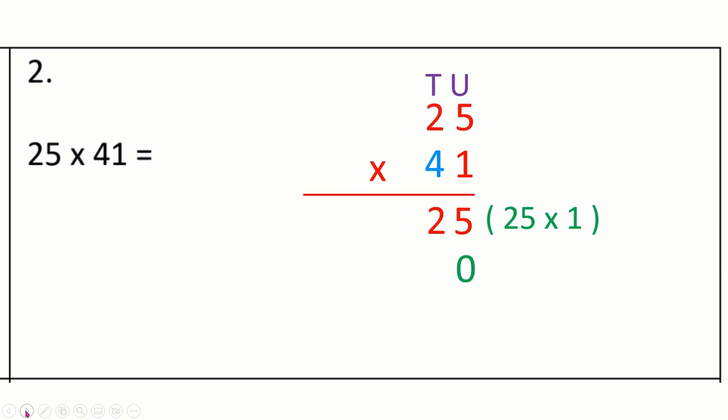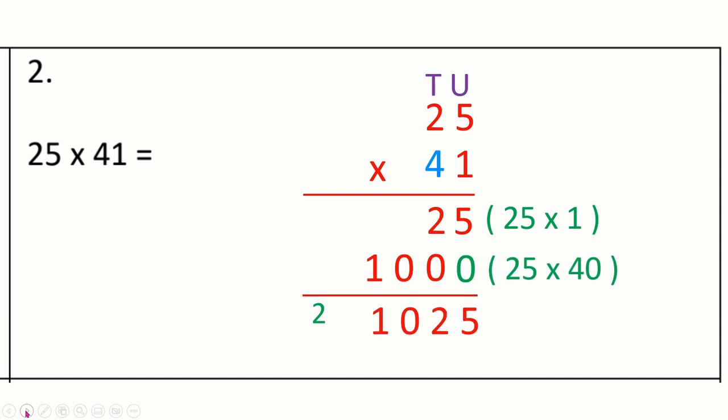And putting that 0 in there makes sure that our answer will come out 10 times bigger. So 5 times 4 is 20. Put down the 0, carry the 2. 2 times 4 is 8. 8 plus your 2, which you carried, is 10. So the answer to 25 times 40 is 1,000.